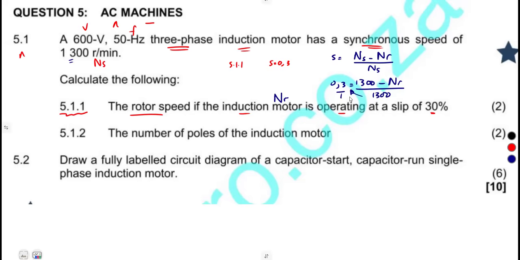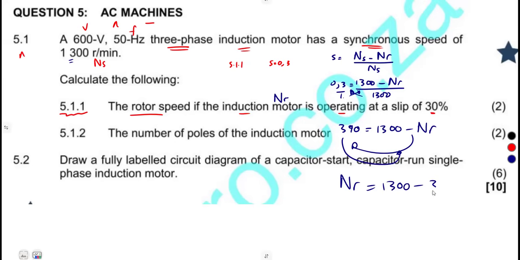Cross multiply: 0.3 times 1,300 is 390, which is equal to 1,300 minus NR. So NR is 1,300 minus 390. You've got your NR, the speed, of 910 revs per minute, just like that.